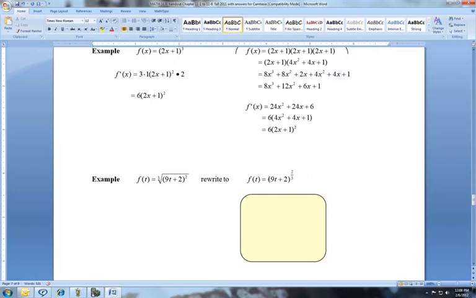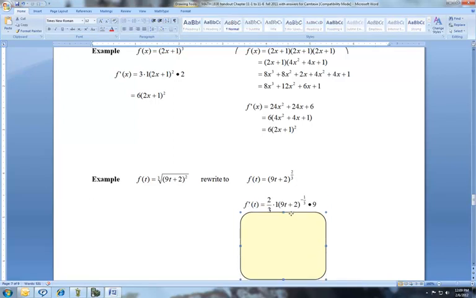I've got an exponent, so I'm going to go 2/3 times 1. I've got to rewrite this, decrease power by 1. That's sort of old. The new thing here is I've got to multiply by the derivative of the inside. So let's see what I've done. So 2/3 times 1. This piece is rewritten, decrease power by 1 times derivative of inside.